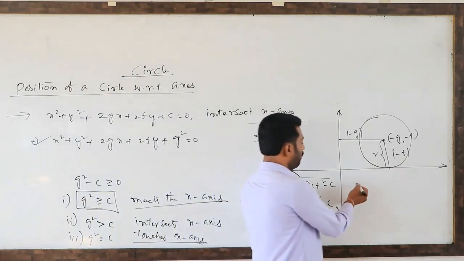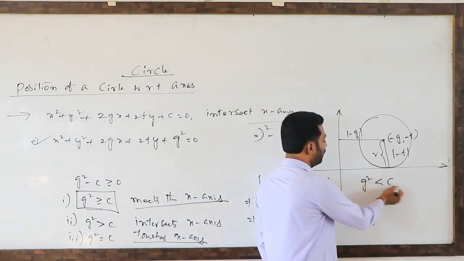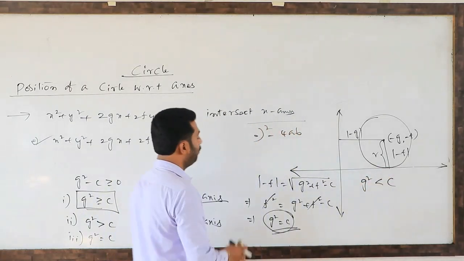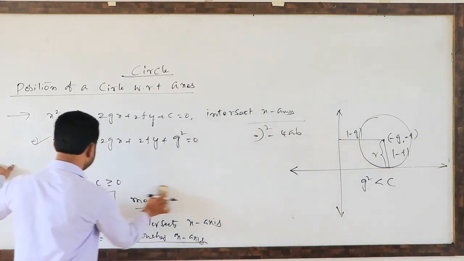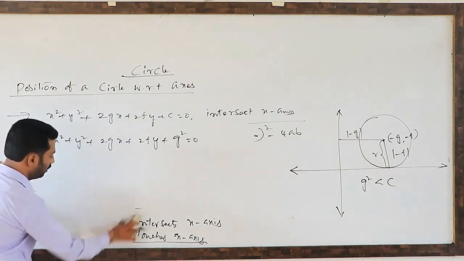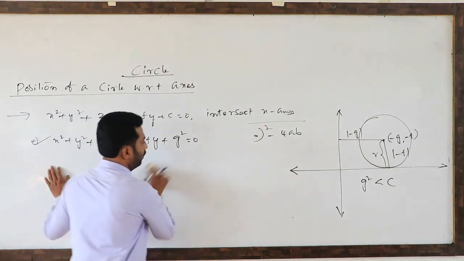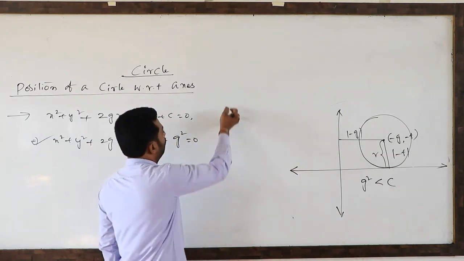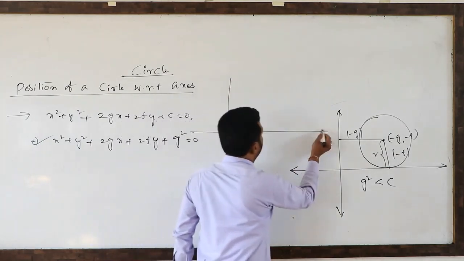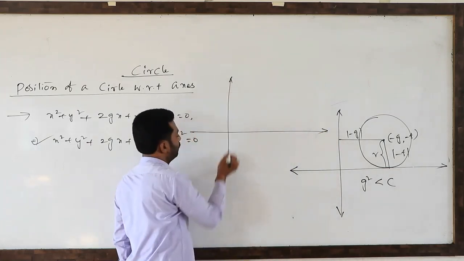Suppose g² is less than c. What is the meaning of that inequality? See here, these are the coordinate axes.